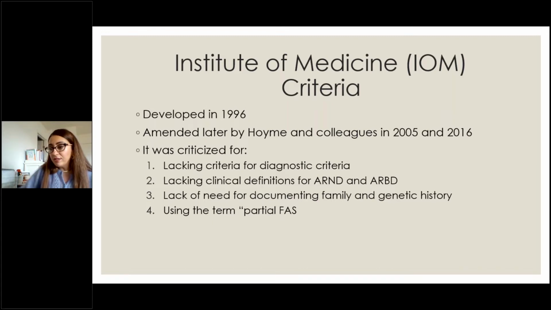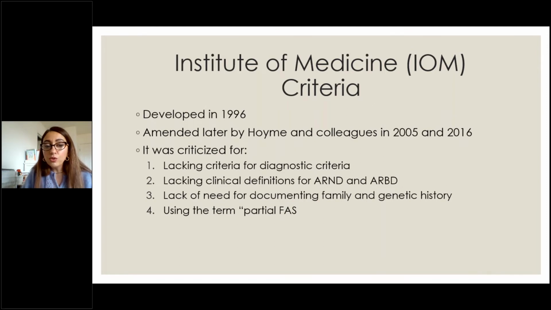The first one was the Institute of Medicine, IOM. The criteria were developed in 1996, and later updated in 2005 and 2016. But it was criticized for lacking criteria for the actual diagnosis, where they didn't give a whole lot of definitions for alcohol-related neurodevelopmental disorders, the less severe form of FASD.